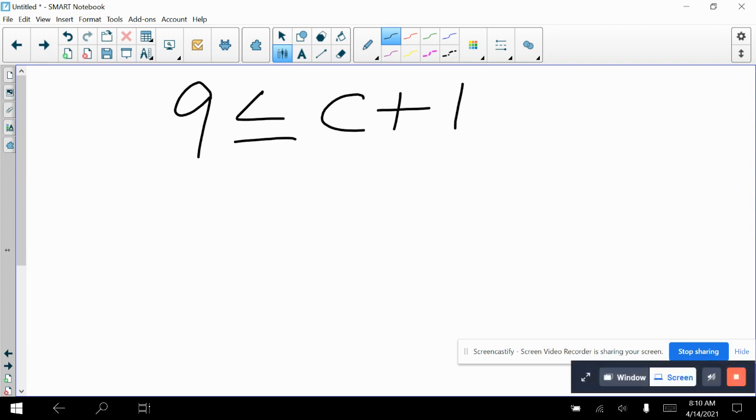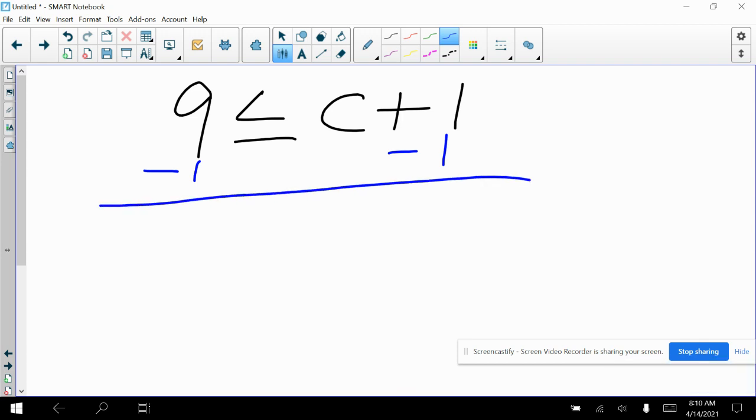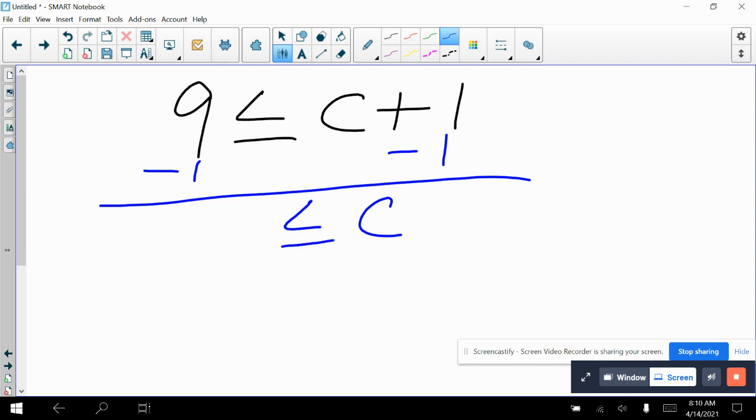9 is less than or equal to c plus 1. We have an addition inequality, sorry, which means we're going to subtract 1, and we get c. Now, be careful here because this is a common mistake.